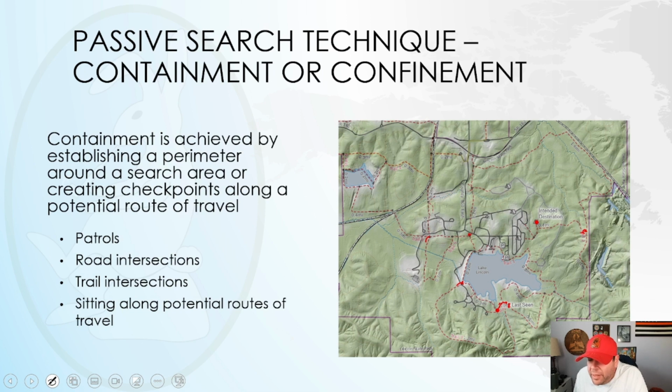It's a very easy technique to just sit someone down in a chair and watch for people moving in and out of the area. We could also post somebody up at the entrance of the facility here as well. There are many spots where we can potentially put containment in this particular example.